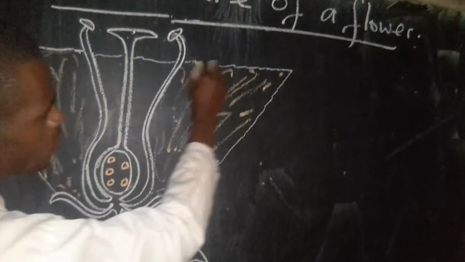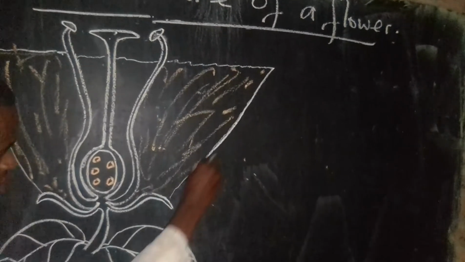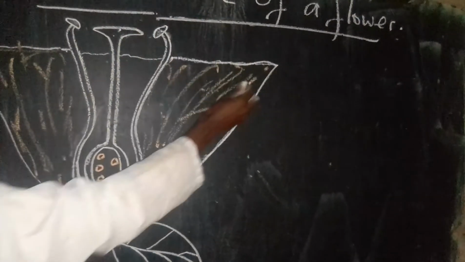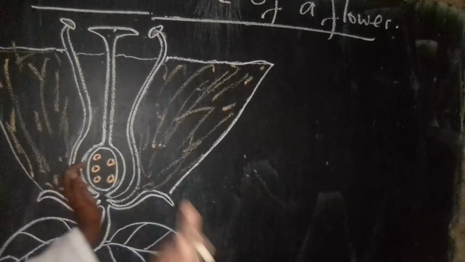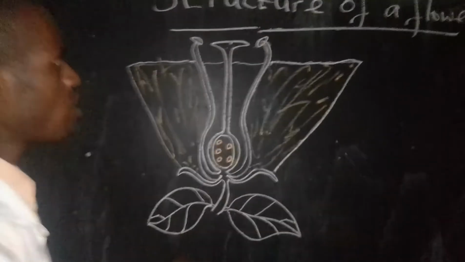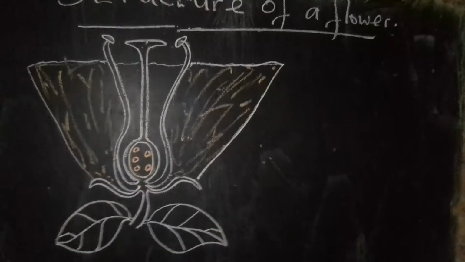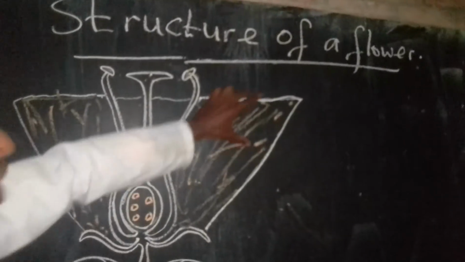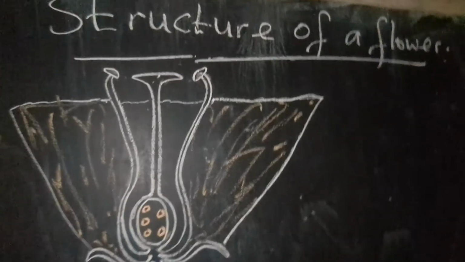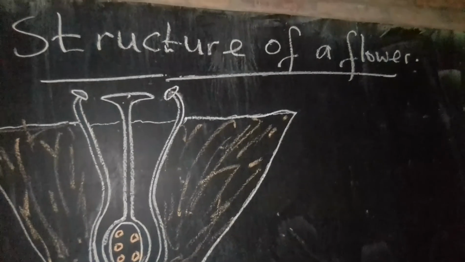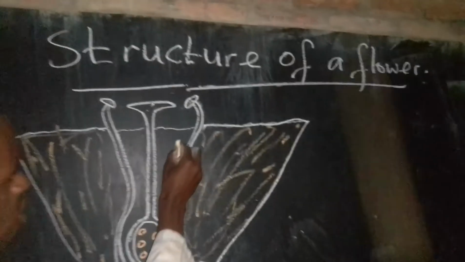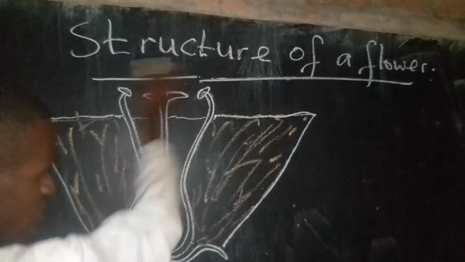Now we have this part, which is very bright. You can try to go outside of your home and search for a flower, and you take it and you see there are many parts of that flower, and you consider those parts to this flower.